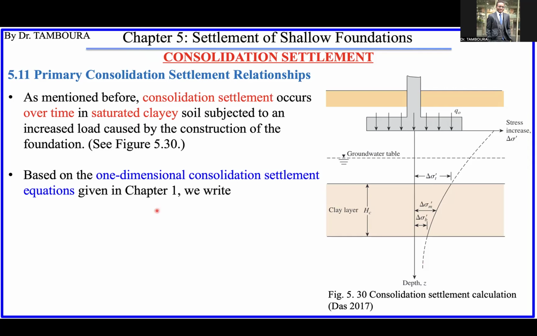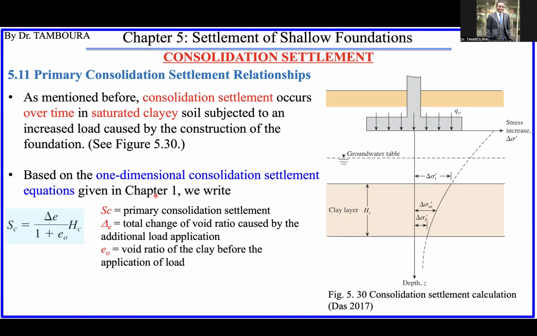So what we did was based on the one-dimensional consolidation settlement in chapter 1 of this program. And it was about this: S_c, primary consolidation settlement, and delta e is the change in the void ratio caused by the additional load you are applying here.